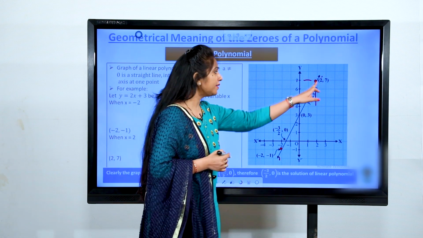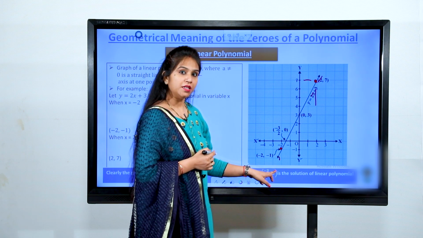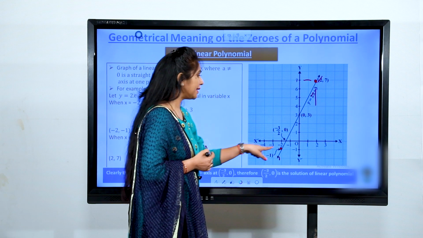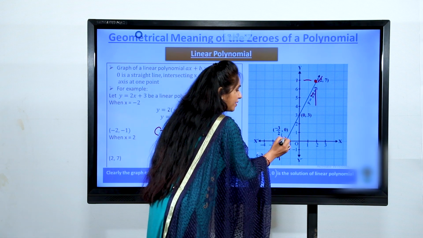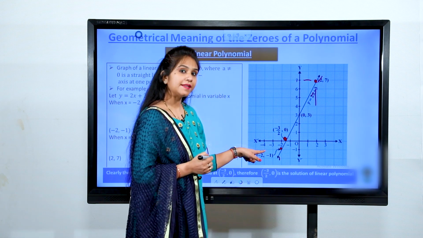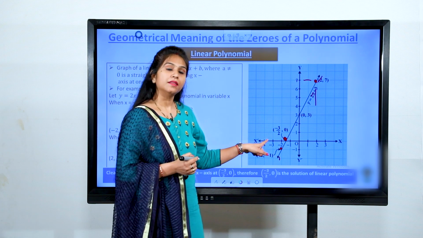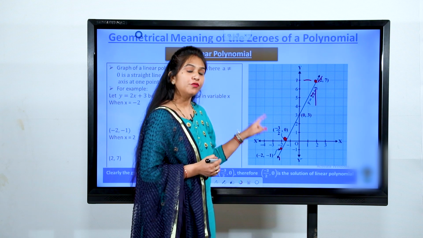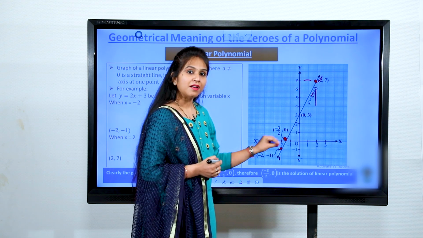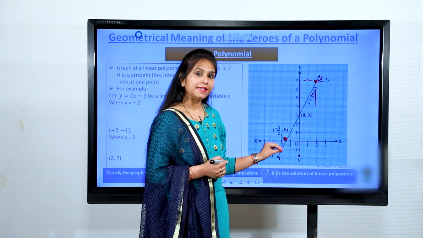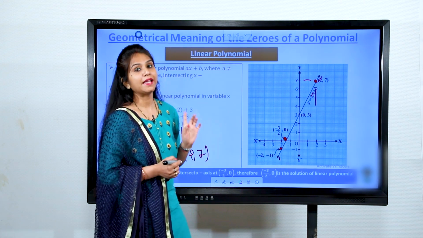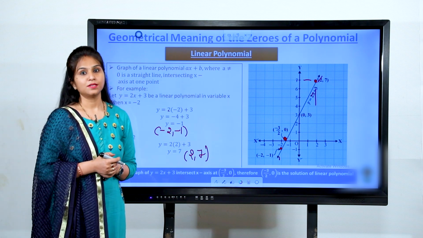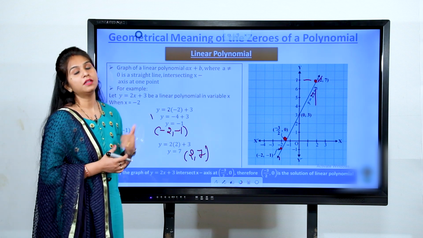Now when you join these two points, you will notice that this straight line intersects the x-axis at a point. You can all see it intersects the x-axis at only one point, and then that one point is known as the solution of the given linear polynomial.